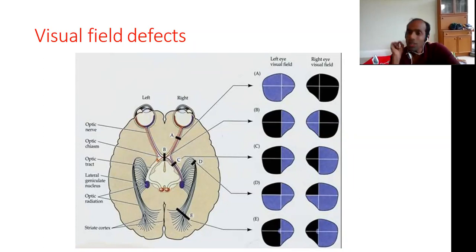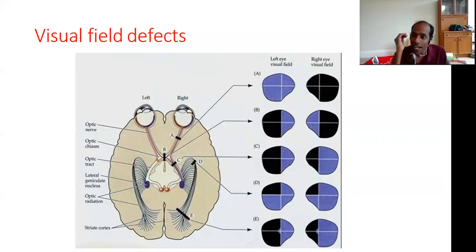There is one more thing you need to know about homonymous hemianopia as a medical student. Now, the commonest area that is involved in homonymous hemianopia is the occipital cortex. A little more about that. If you take the occipital lobe, there are two types of lesions.